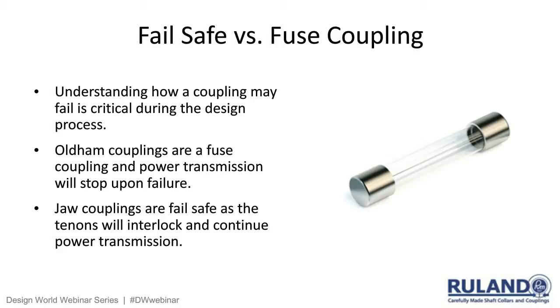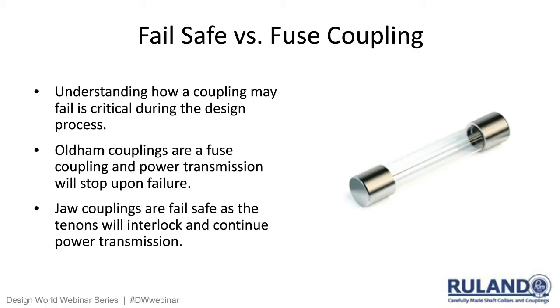With a jaw-type coupling, a spider-type coupling, if the spider fails, the jaws on a jaw coupling will interconnect and you'll still drive. You'll still have power transmission. That can be advantageous, and I'll use an example in the semiconductor industry, in wafer manufacturing.